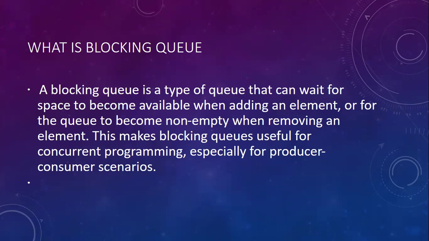If you provide an initial capacity to a queue, you won't be able to add any new element once it is full. You need to wait until space is available in the queue. That's why we use this blocking queue. You will also see the blocking queue concept in your thread executors. So it's a very important class.